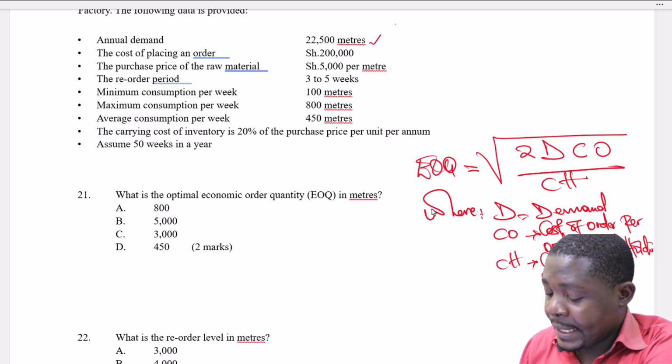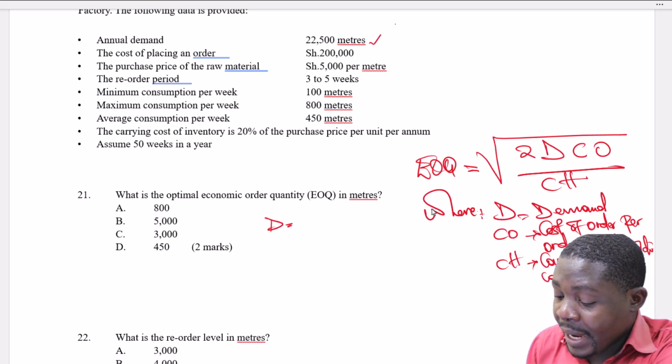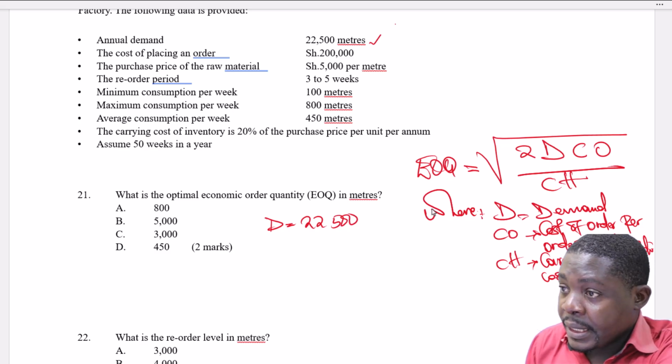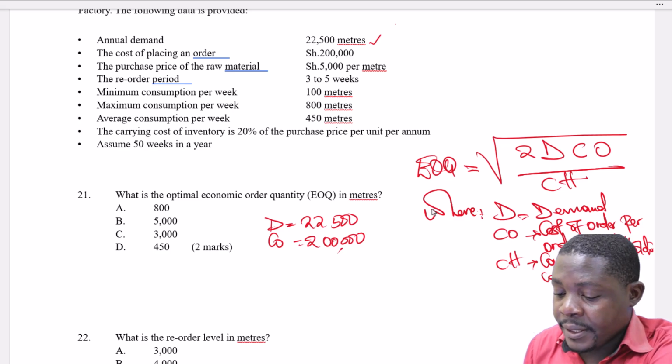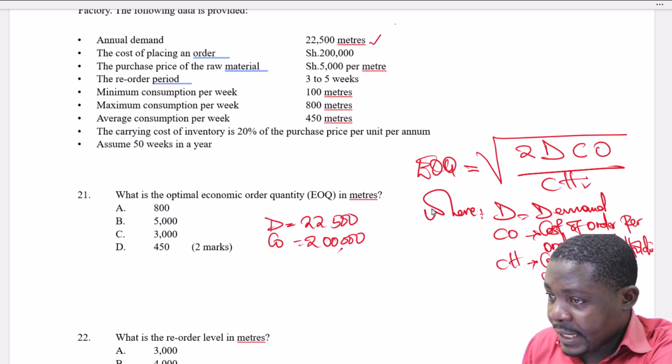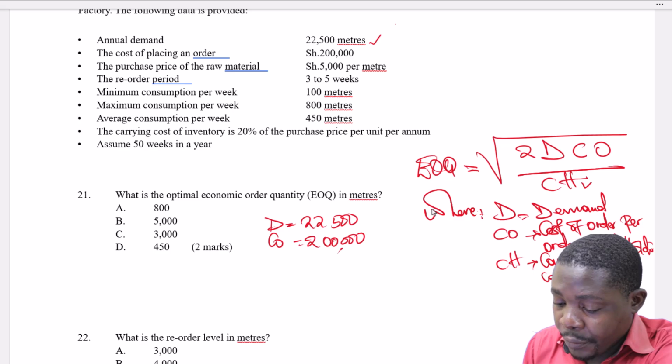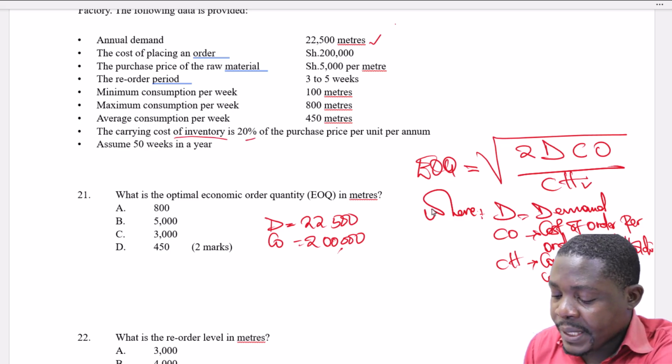In that case, can we identify the demand? Yes, we are given that the demand is 22,500. Then C_O, the cost of placing an order, is 200,000. Then what else do we need? C_H, the carrying cost, which is 20% of the purchase price.